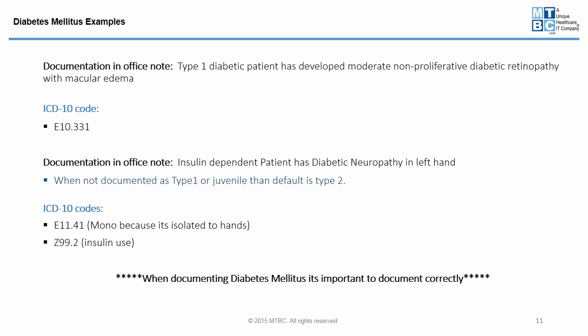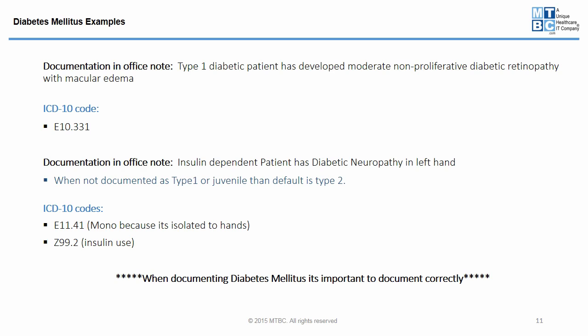So the ICD-10 code would be E11.41, because some things we will understand: if it's in the hand, we know that it's mononeuropathy because it's isolated to the hand. And then insulin use, because it does say insulin dependent, which is very important, but type 2 also, because we are using a type 2 code. E11 is type 2, E10 is type 1, then the patient is on insulin use.